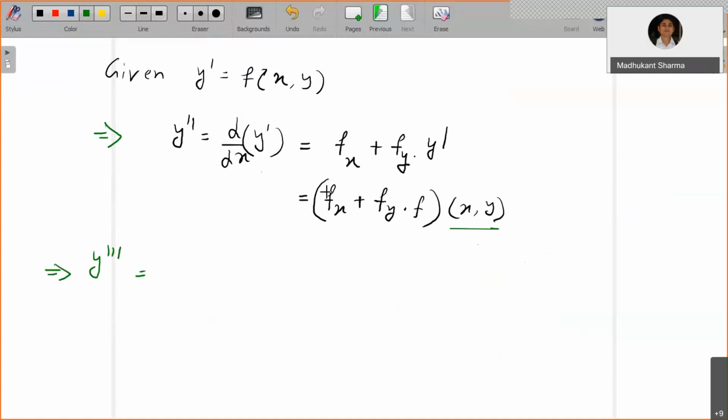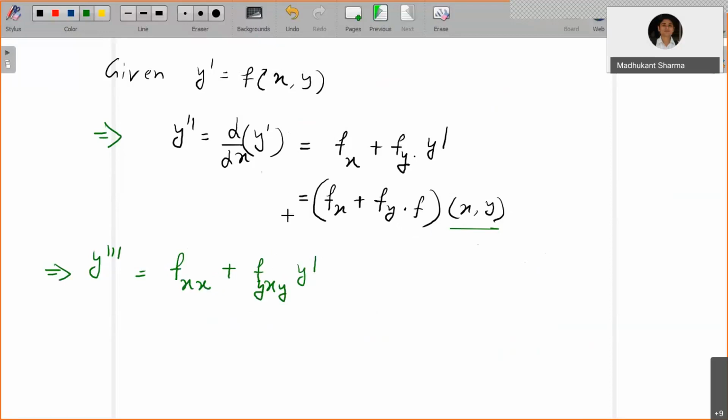Now apply the implicit differentiation rule, chain rule and product rule again. The first term is fx derivative with respect to x, then dx by dx is 1, plus fx derivative with respect to y partially, and then you have dy by dx, that is y dash.